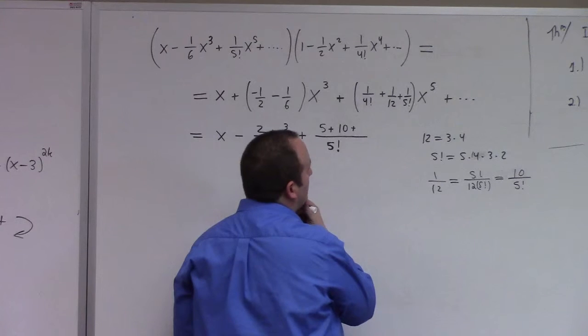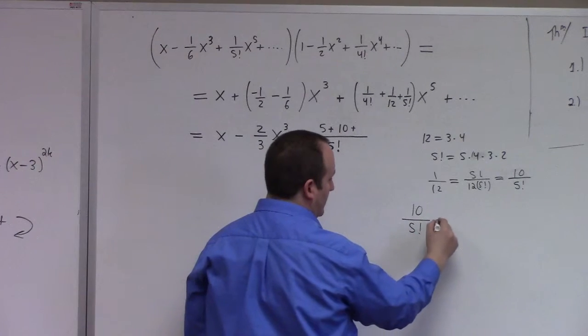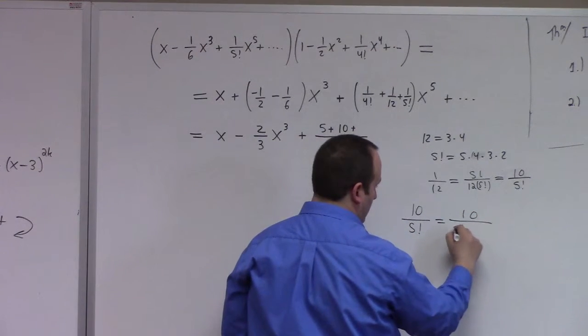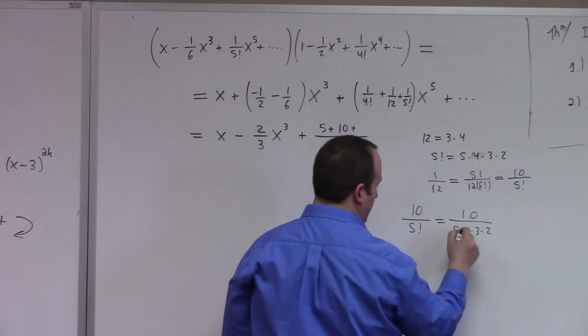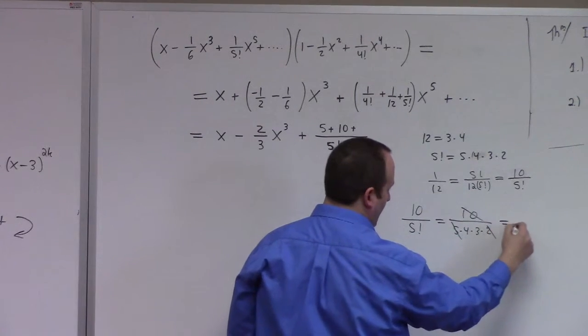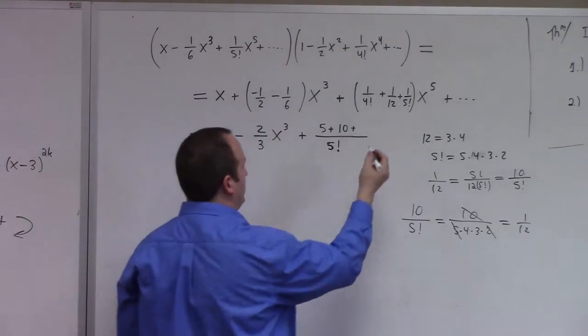Did I do that right? I don't know. Is 10 over 5 factorial? Let's check it. 10 over 5 factorial, is it 1/12? Okay. 1 over 5 factorial, well, that's plus 1, right?